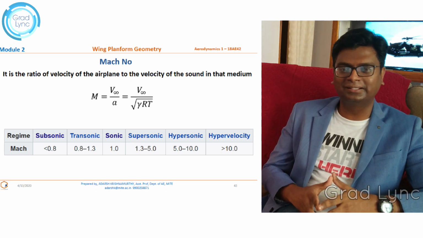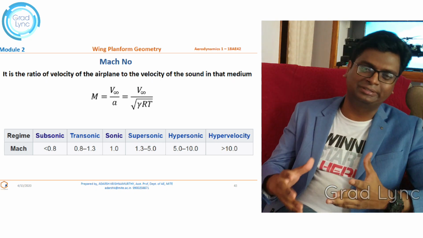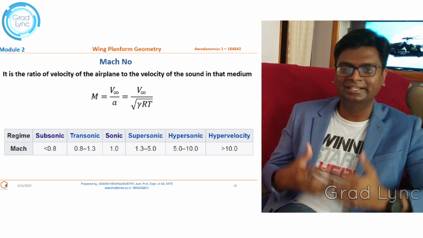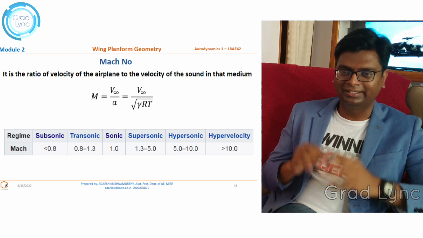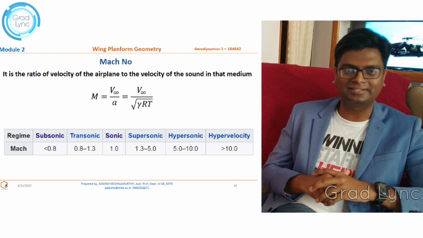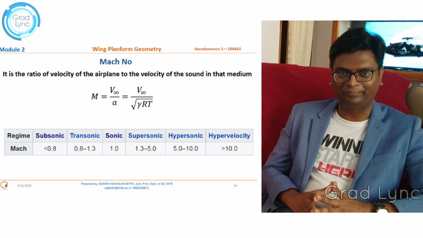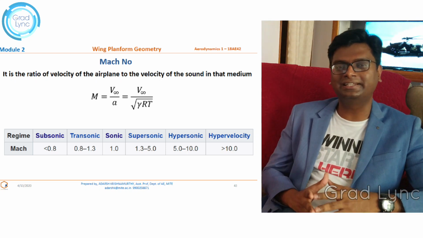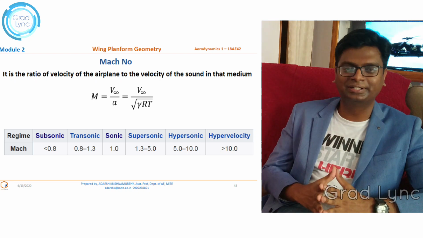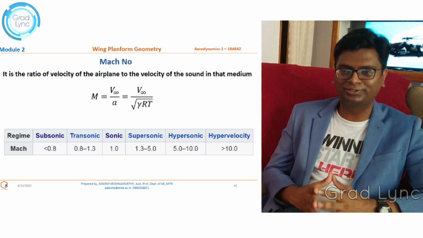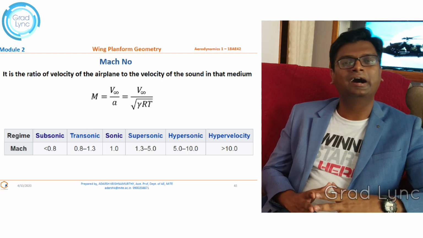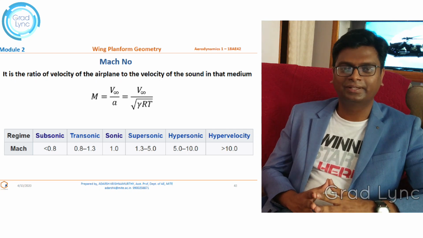When the speed of the object is the same as the speed of sound in that environment, that Mach number is called sonic. Beyond 1.3, I call it supersonic, above 5 hypersonic, and above 10 hypervelocity.